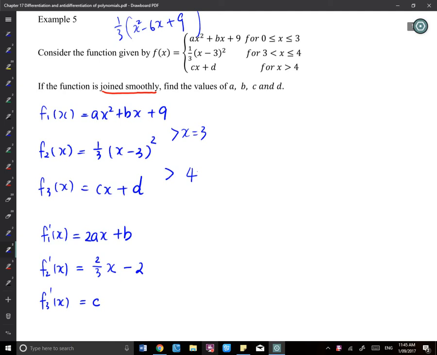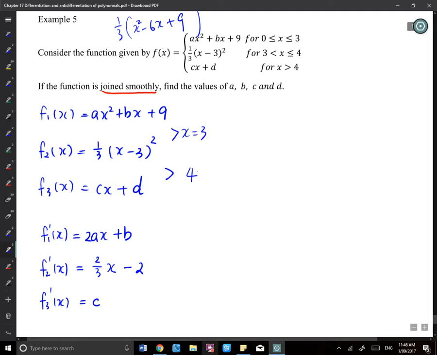Now I want to find the values of a, b, c, d, knowing that the graph is joined smoothly. If the graph is joined smoothly, you will definitely know that f1(3) must equal f2(3). It needs to join first.